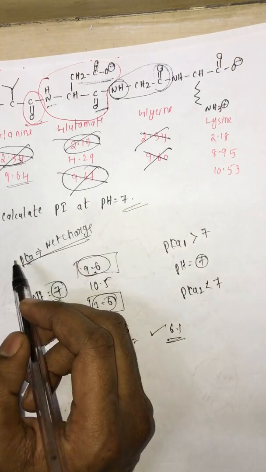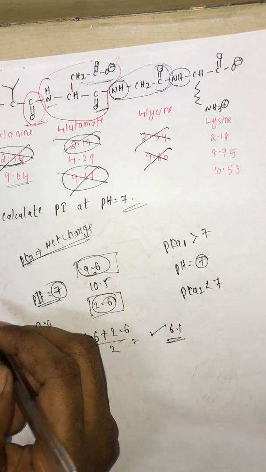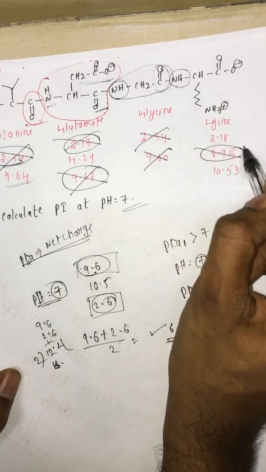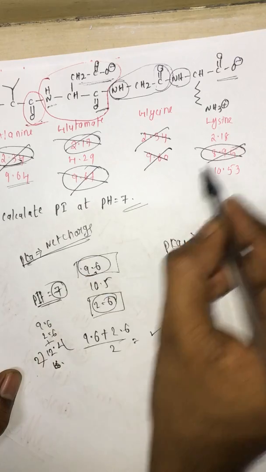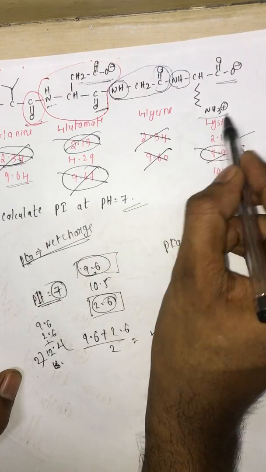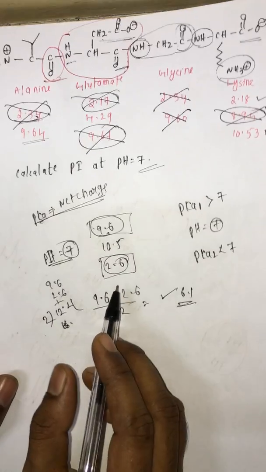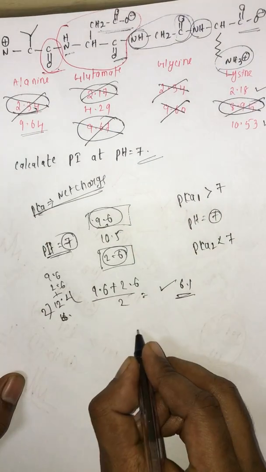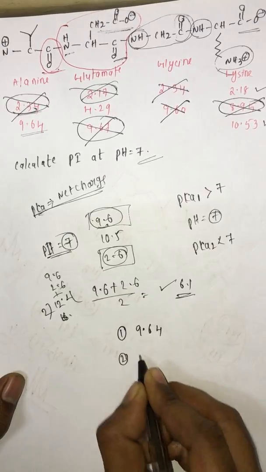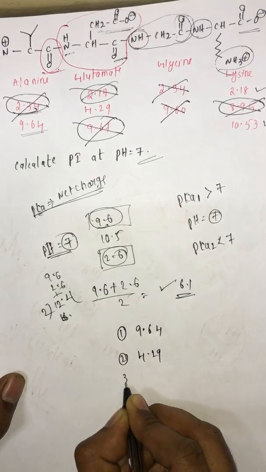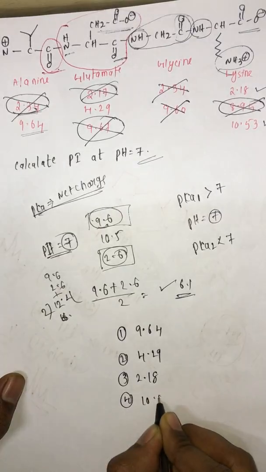And this is called lysine. In the lysine this NH is present in the neutral form, so we can cross this out, and the carboxylic acid is present in the charged form, this we will keep, and this side chain is present in the charged form, this also we can keep. So now, how many pKa values are left in total? 9.64, this is 1; 4.29, 2; 2.18, 3; 10.53, 4.